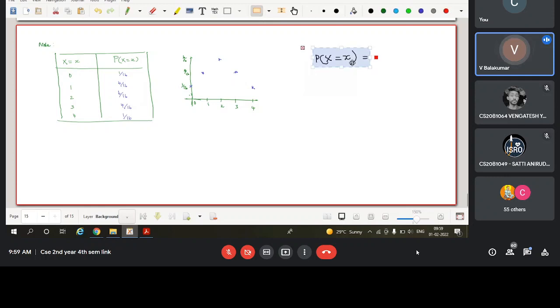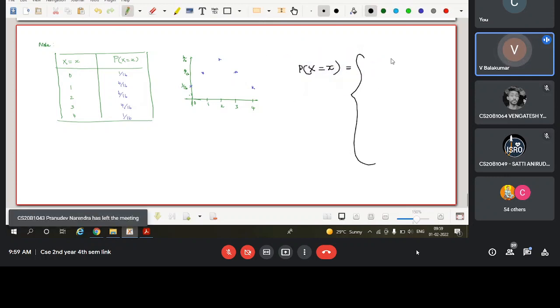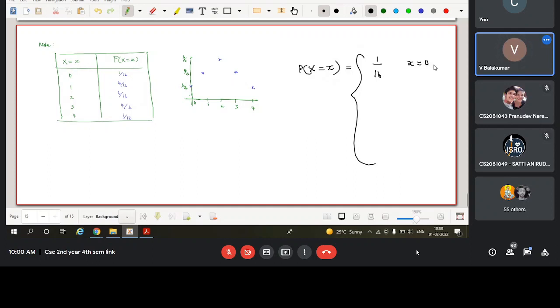That function I will be writing like a table. This kind of function, have you seen? The probability is 1 by 16 if x equals 0 or 4.